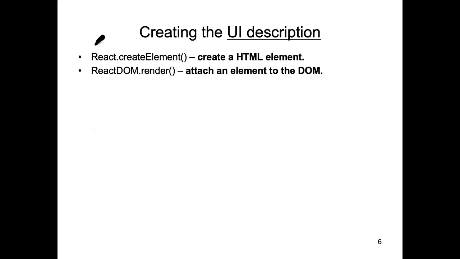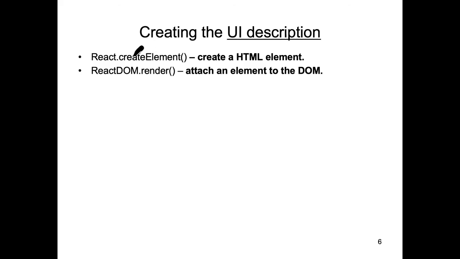Now, it seems like an oversimplification, but it isn't. The React module just provides one method called createElement. And if we invoke that method, it allows us to create an HTML element, like a paragraph or a header or a div or whatever.